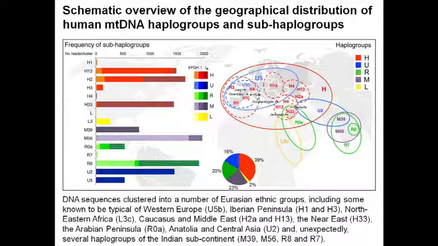including some known to be typical in Western Europe, like U5b, or the Iberian Peninsula, like H1 and H3, Northeastern Africa, L3c, or the Caucasus and the Middle East, like H2a and H13, the Near East, H33, the Arabian Peninsula, R0a, and unexpectedly, several human haplogroups of the Indian subcontinent, like M39, M56, R8, and R7.